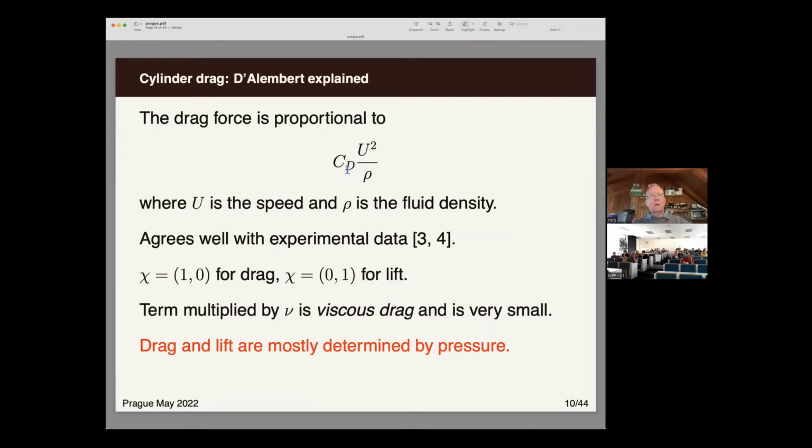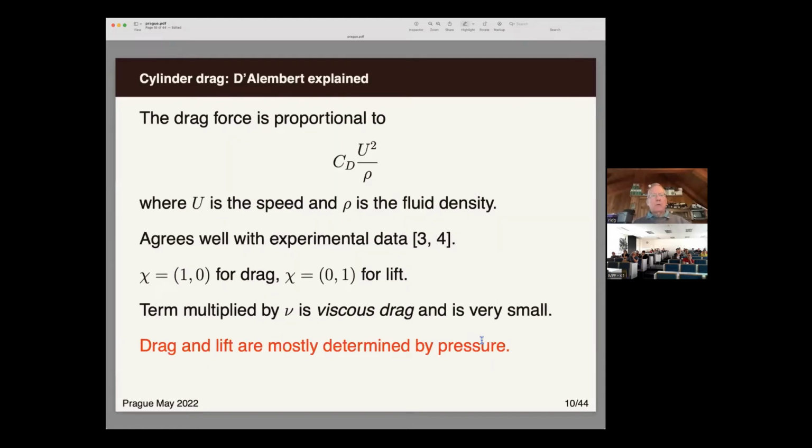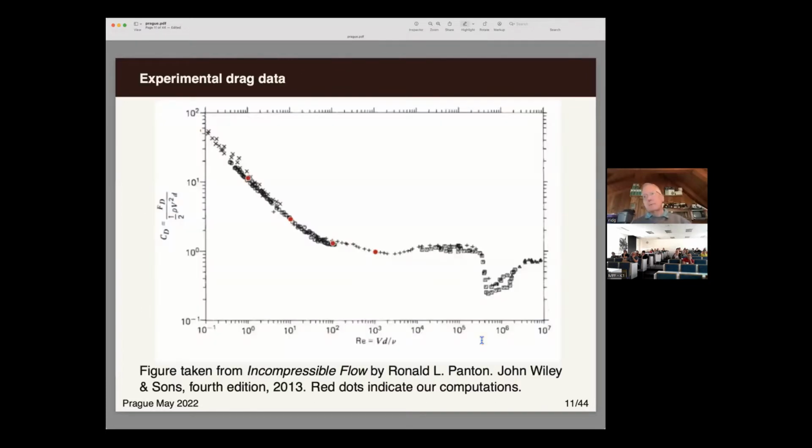So the term that is multiplied by viscosity here is called the viscous drag, and then the rest is the pressure drag. So it turns out drag and lift are mostly determined by pressure as long as the viscosity is small enough. And here's some data. This is taken from a very interesting book, Incompressible Flow by Panton, which is available on the web.